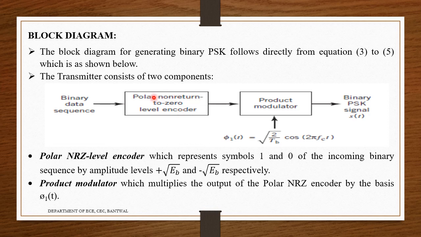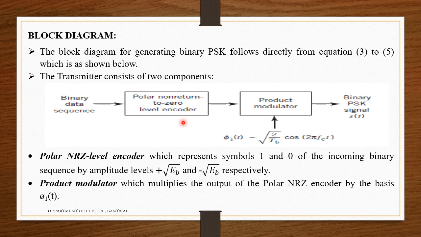Depending on this, polar NRZ, we know that is non-returning to 0, it should be either plus square root of EB or minus square root of EB. It should show any of those values. It will not return to 0.